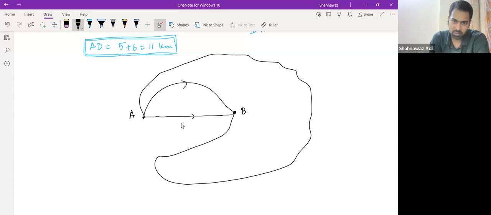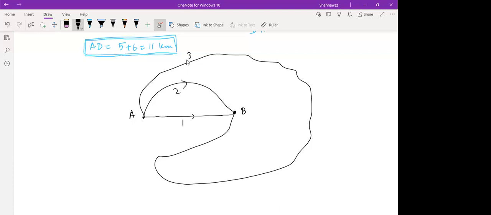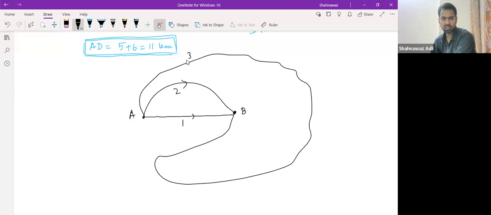This is path 1, path 2, and path 3. For 1, 2, and 3, my distance would be different, but displacement would only be A to B, which is path 1, right? So this is the difference between distance and displacement.